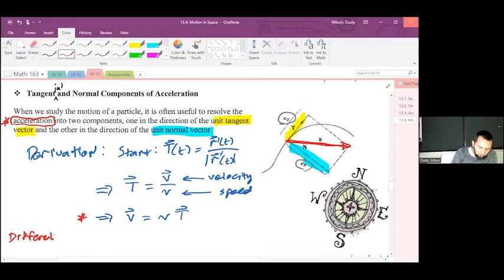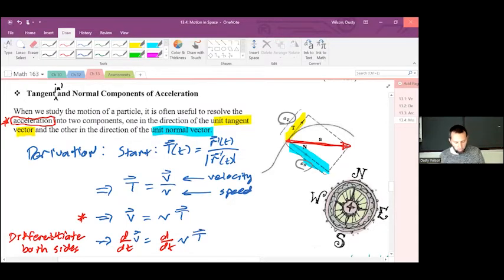So we're going to get d/dt of the velocity vector is equal to d/dt of the speed times the unit tangent vector.